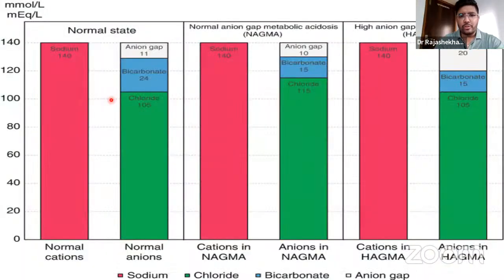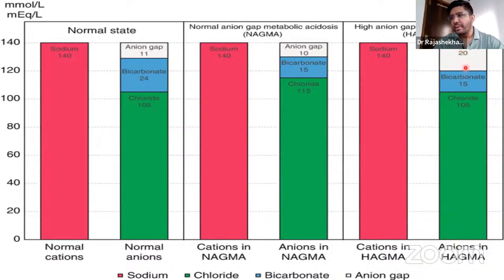Next, the concept of delta ratio comes in, especially in case of high anion gap metabolic acidosis. Here, as I told you, the body always does things in a predictable way. The body does not do things in a haphazard way. Whenever there is a decrease in bicarbonate, there is an increase in anion gap.